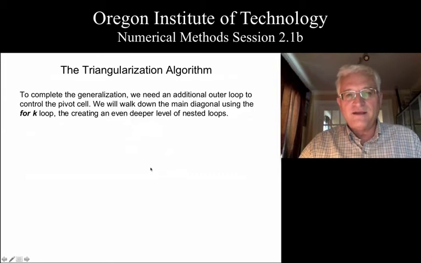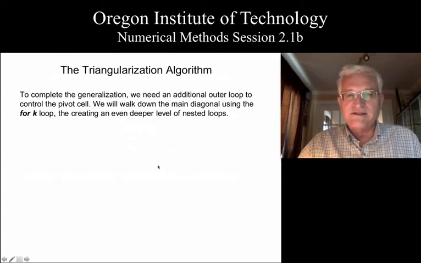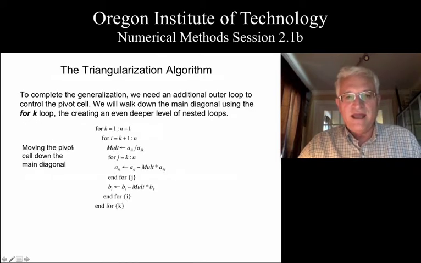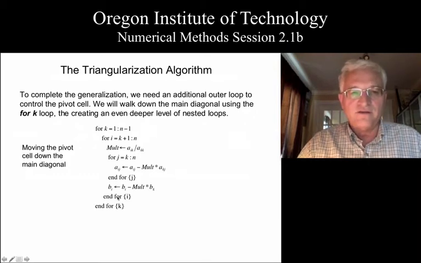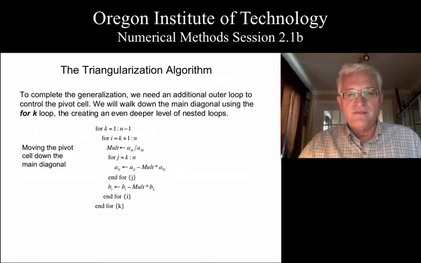So let's go ahead and complete this, and the way we'll complete it is add yet one more nesting by taking what we had last time and sticking it into yet another for loop. And this time our index is going to be a k index. Now, everything you have from line 2 down to the second last line is exactly what we had at the end of the last time period.